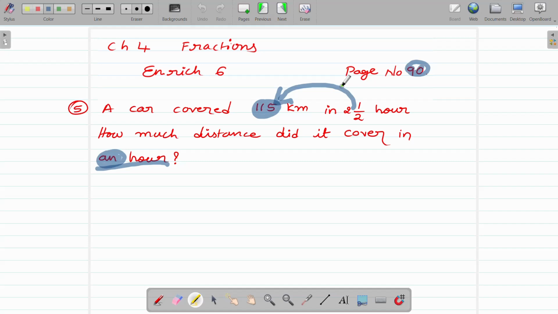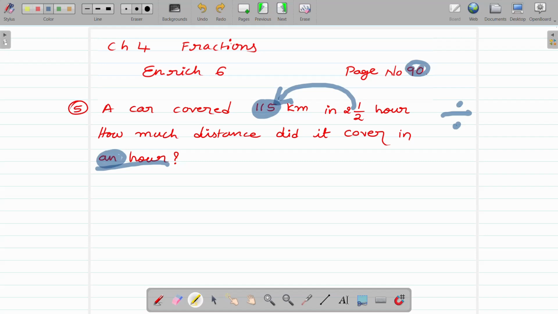So we understood that we have to do the operation of division because the question is based on the unitary method. The word unitary method means whenever we are finding in one unit how much it will travel, or what is the cost of one unit, that type of sums, whenever they are there, we have to do the operation of division. So let's solve this.